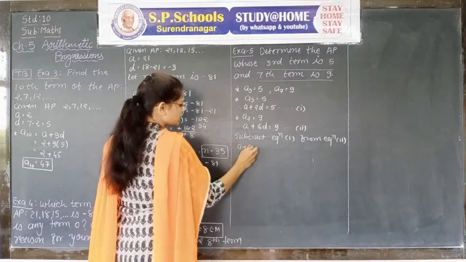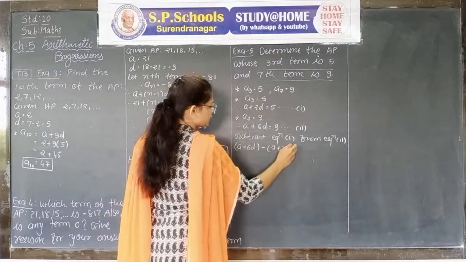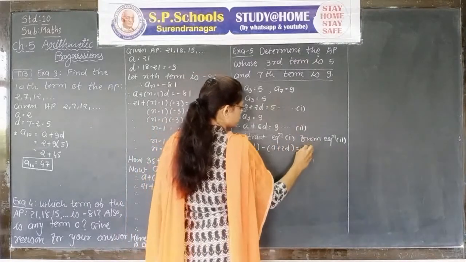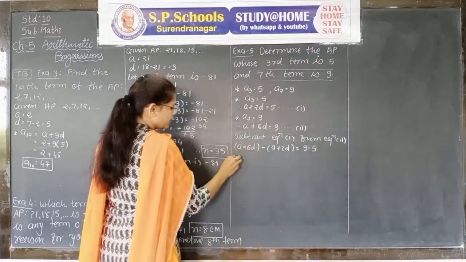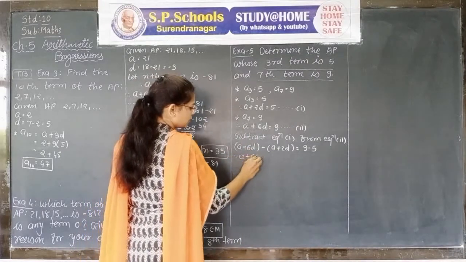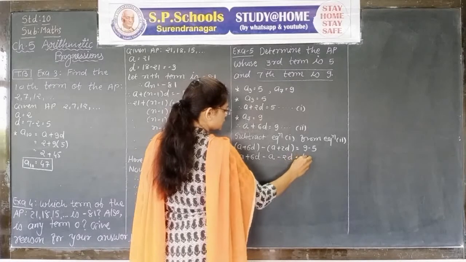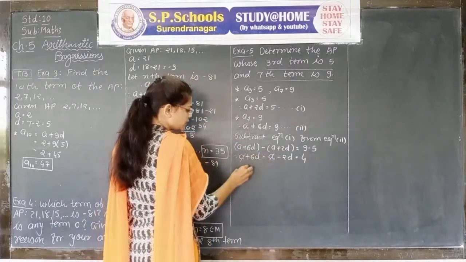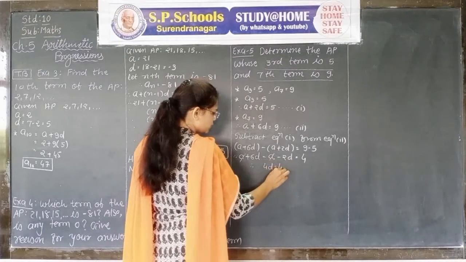(a plus 6d) minus (a plus 2d) is equal to 9 minus 5. That's why a plus 6d, open the bracket, minus a minus 2d is equal to 4. Plus a minus a is cancelled, we got 6d minus 2d is equal to 4d is equal to 4.